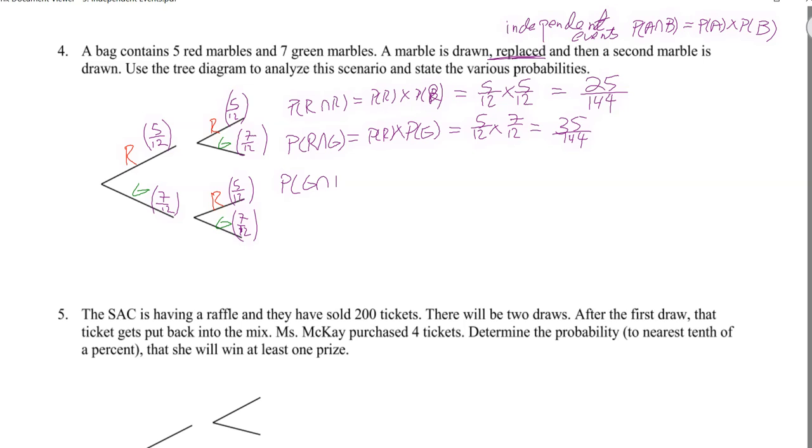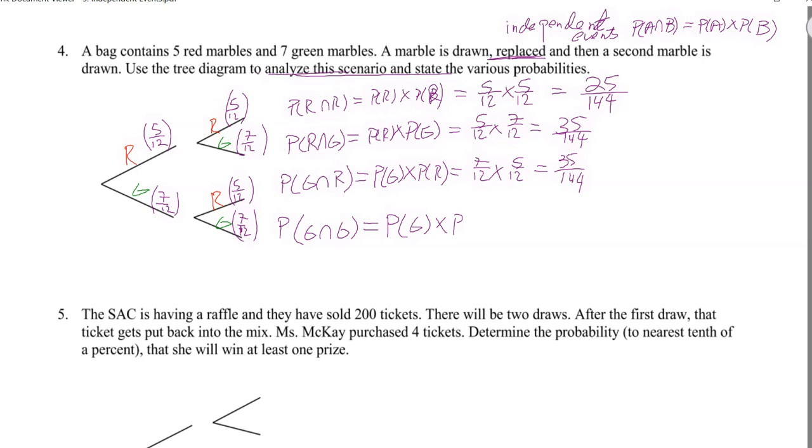Probability of green and red, because we're going to analyze this scenario: probability of green times probability of red, 7 out of 12 times 5 out of 12 is 35 out of 144. And the last probability is green and green.